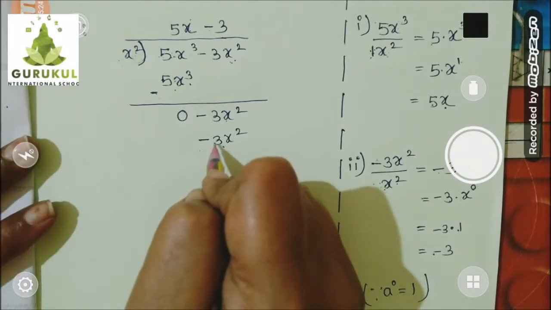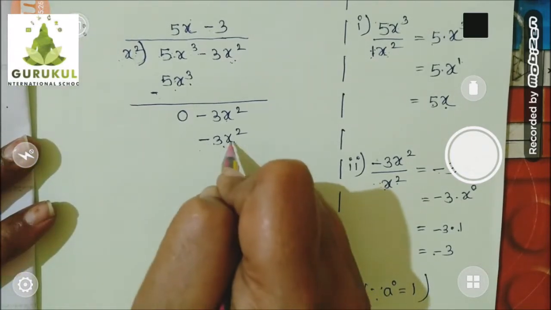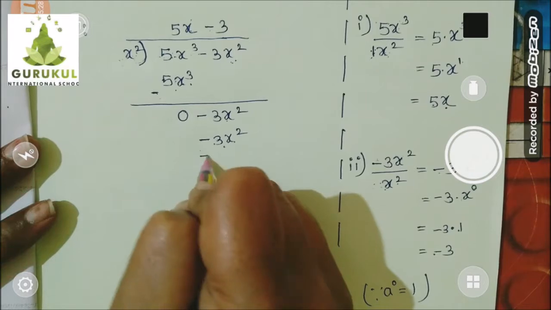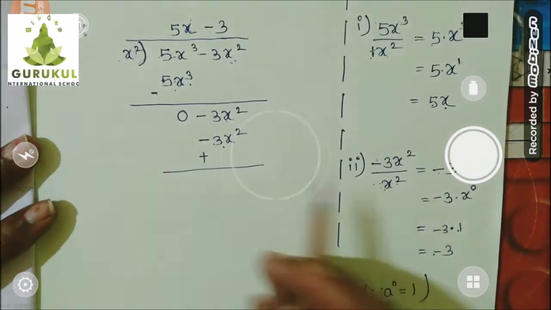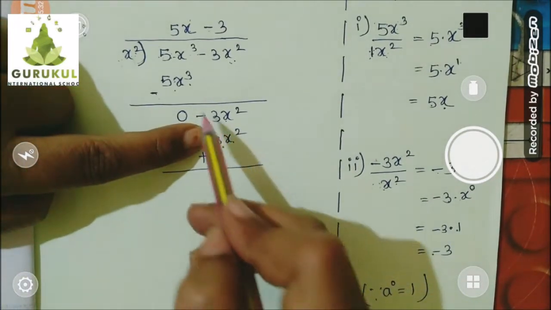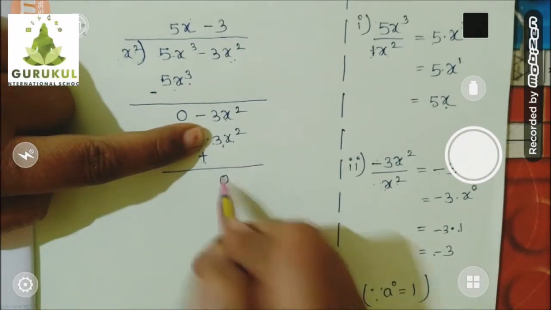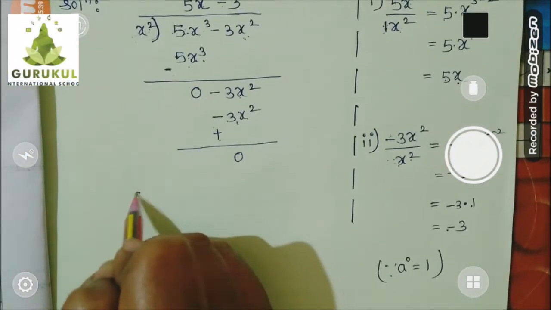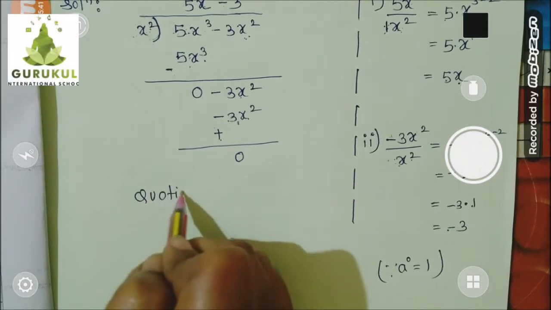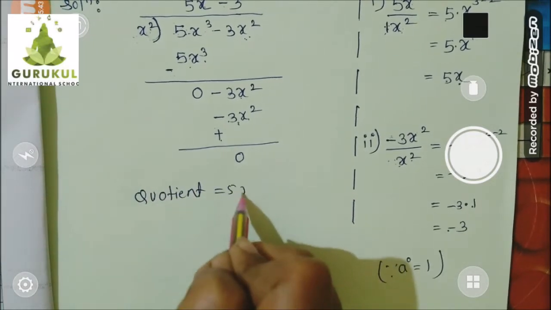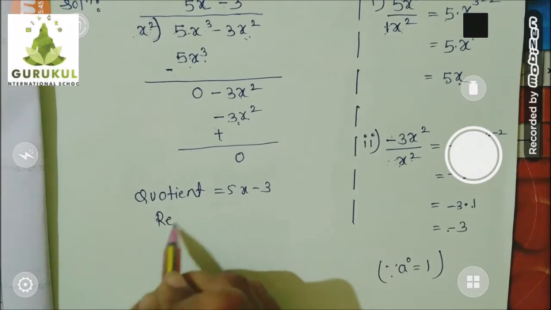While subtraction, the second term sign changes. Second term sign is minus, it will change to plus and then subtract. Now forget the original sign. Minus 3x square plus 3x square, answer is 0. So your quotient is 5x minus 3 and remainder is 0.